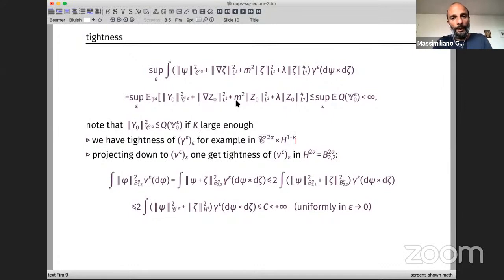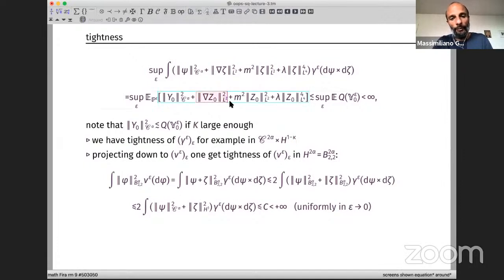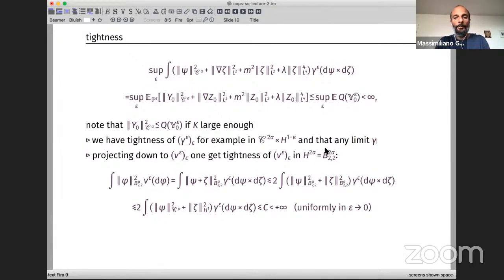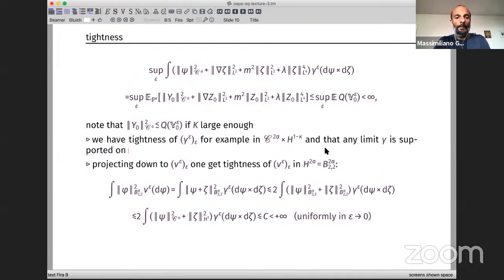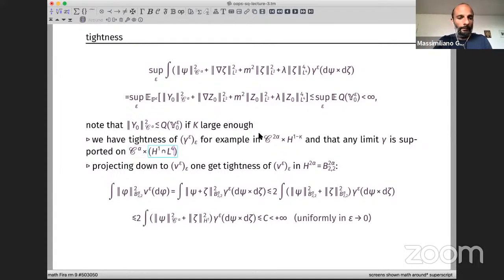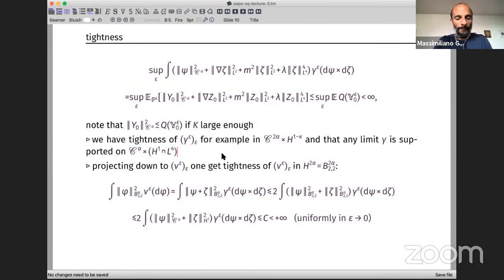But of course, then the a priori estimate gives you that the limit also lives in H1, though you don't have tightness in H1 for the second component. And any limit gamma is supported on, this will be important later on, but essentially you have to allow some space for the tightness. Here you can see that the limit also is supported in L4, something like this, but regularity can be obtained later on. That's not very important.